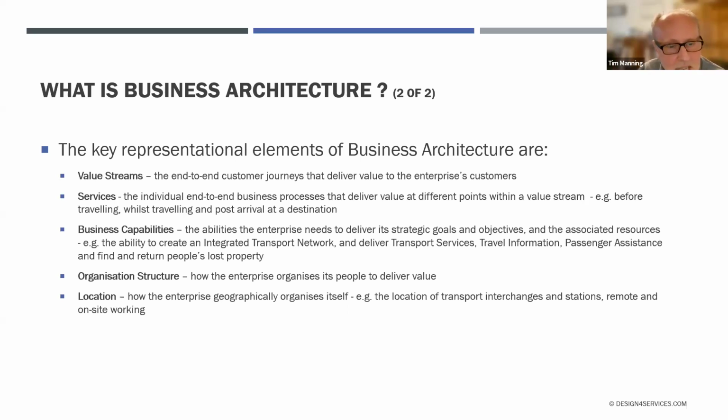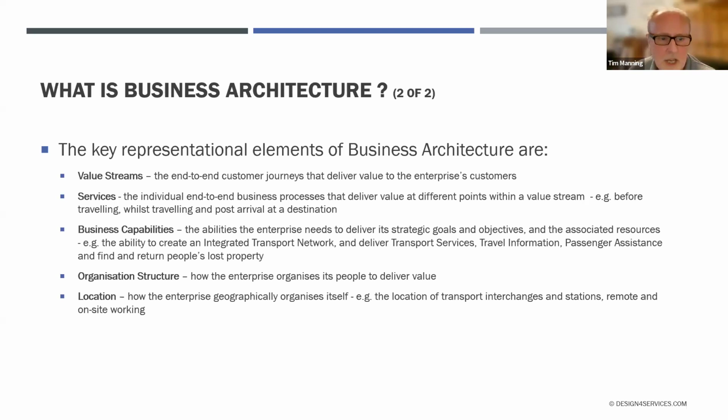Then the next area is organizational structure, how the enterprise organizes itself, structures itself, both formally and informally. In the end, enterprises are social activity systems, and the social aspect of an enterprise is extremely important.